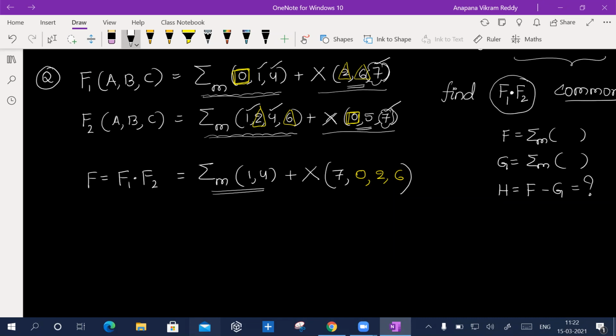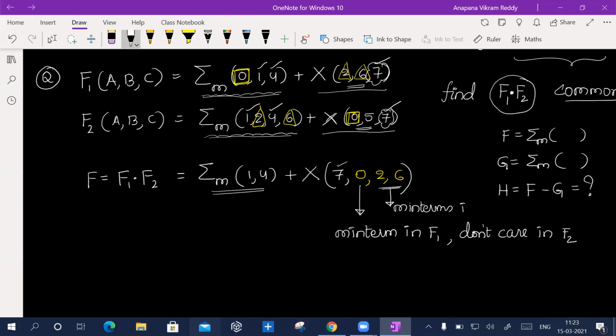So 7 is common, take it down like this. Now this is a minterm in F1, don't care in F2. Agree? Similarly, this is a minterm in F2, don't care in F1.